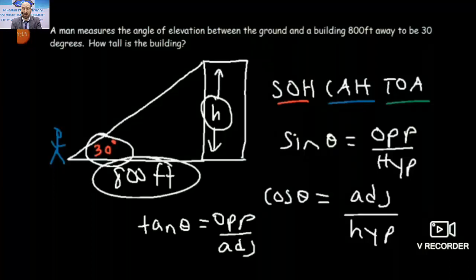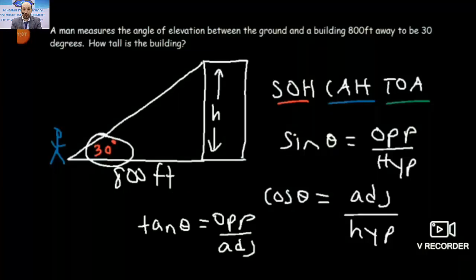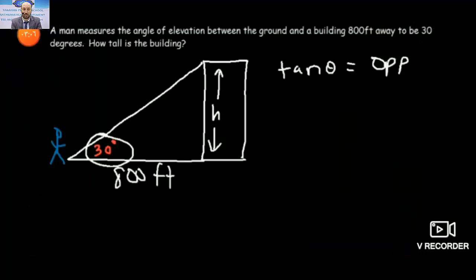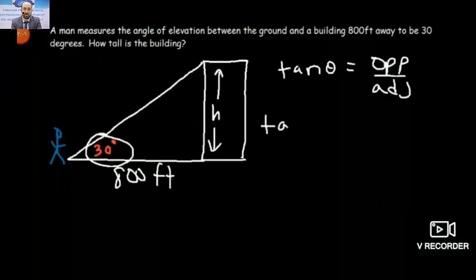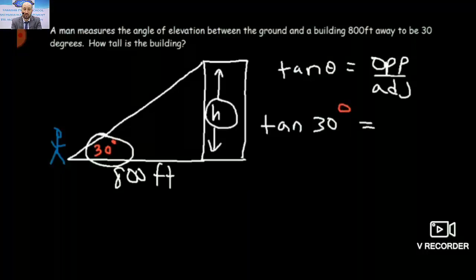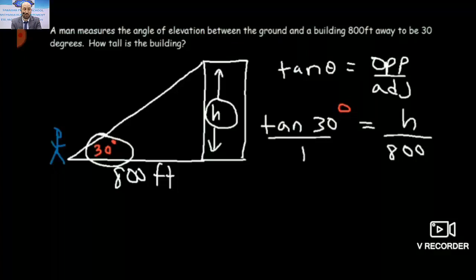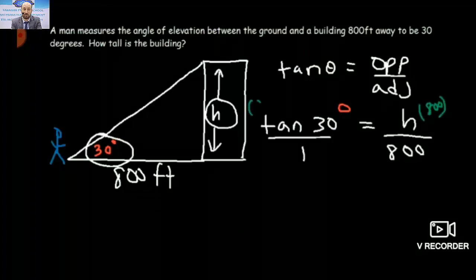So make the relationship between them, OA. What is the relationship between O and A? It will be tan. So now we are going to use tan theta equals opposite over adjacent. Tan 30 equals opposite, which is h, over adjacent, which is 800 feet, and making cross multiplication, h equals 800 times tan 30.